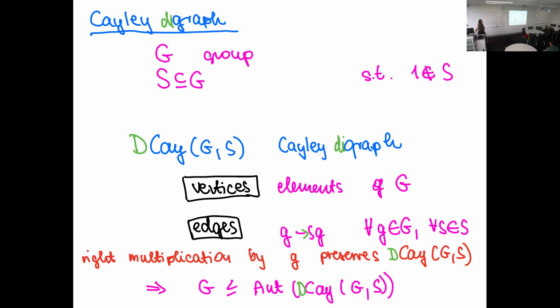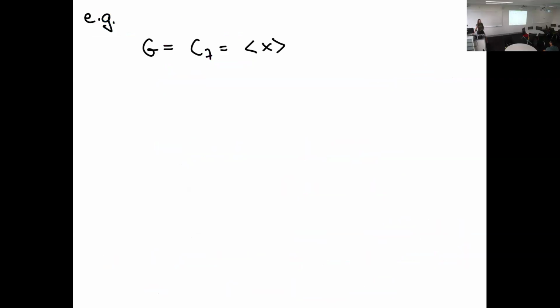Okay, so let's look at the group C7, which is just the group generated by an element of order 7. So you can think about it as Z7, with addition, and then everything is mod 7. And then we can choose S to be our generator and the inverse of the generator to make sure that it's going to be a symmetric set.